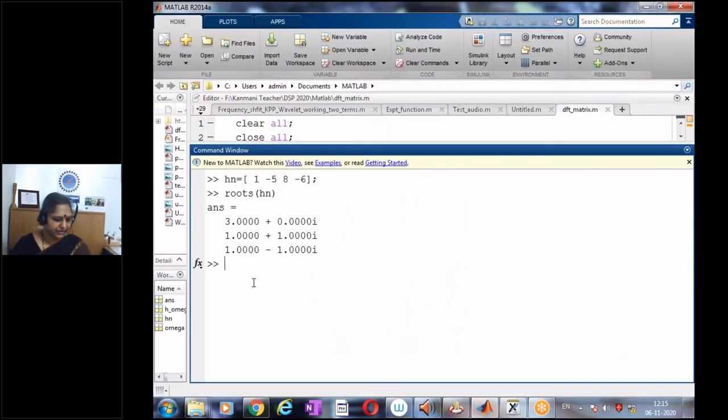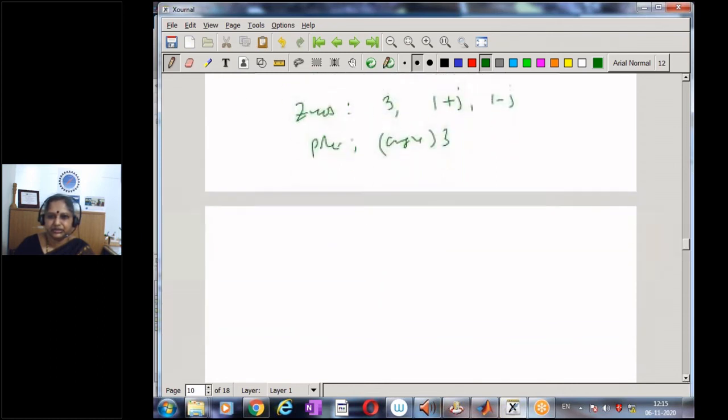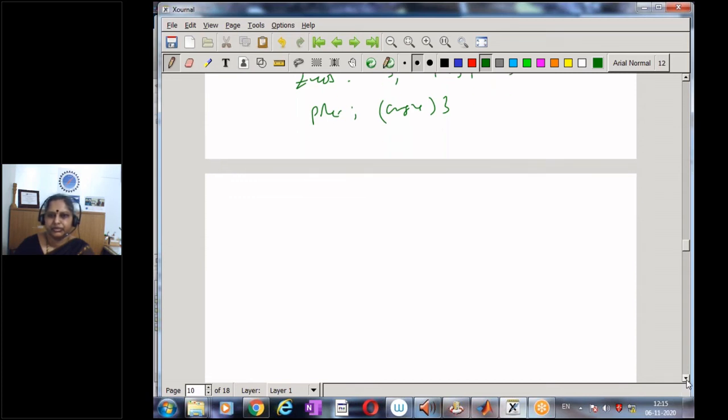If I attempt drawing the pole zero plot, I have the Z plane, the real axis and the imaginary axis.